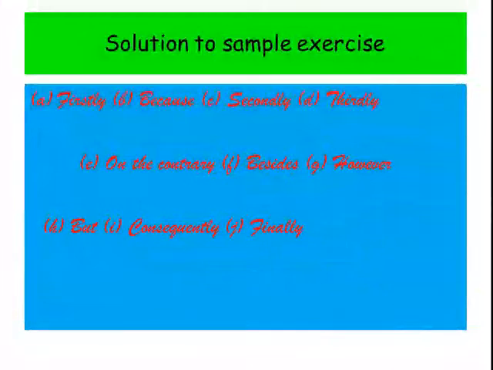This is the solution. I think you can practice it and you can get the answer later. This is the answer of the exercise that I have already given. Firstly, because, secondly, thirdly, on the contrary, besides, however, but, consequently, finally. What I have already told you is that at the beginning of each exercise, normally we see firstly, at the very beginning, or at the very onset, in the beginning, for the most part, for the maximum part.